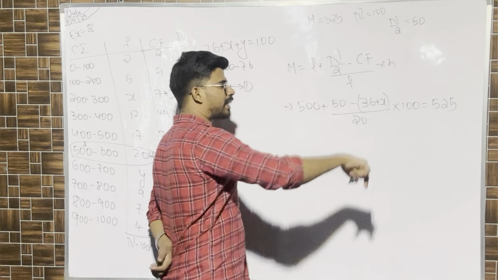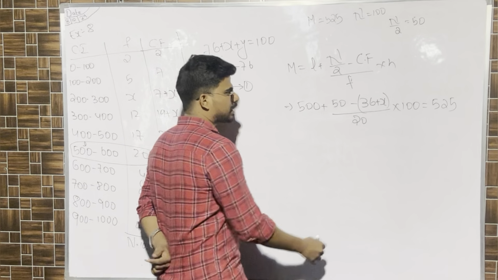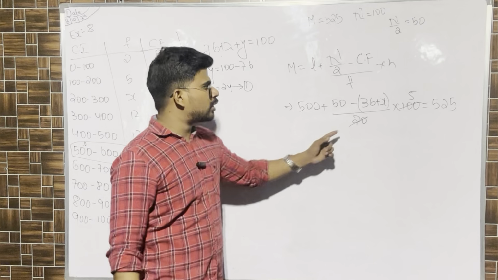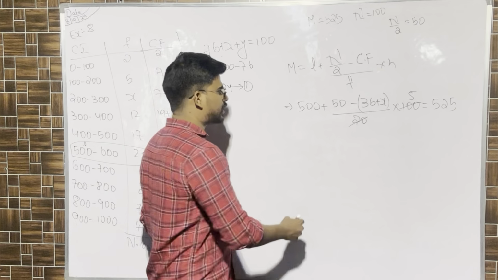Plus 500 transferred over there, it will become minus. 25 by 100, or the zeros cancel. Both ways it is the same.